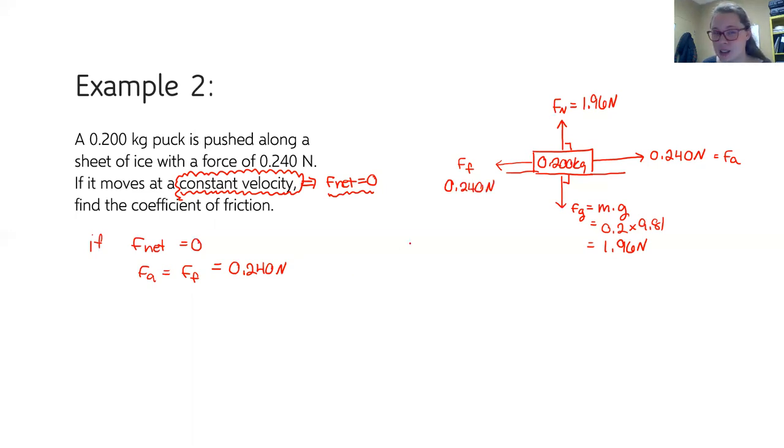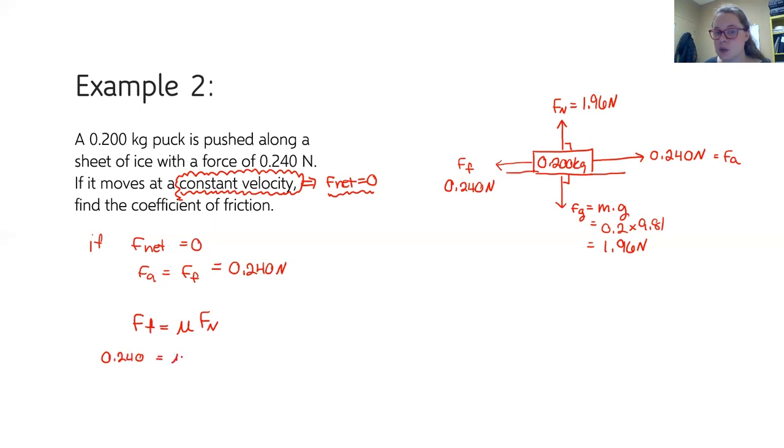Now it's an easy calculation to do. We want the coefficient of friction, and we know the force of friction is equal to the coefficient of friction, mu, times the normal force. Now we can go through and plug all of our pieces in. So the force of friction is 0.240.